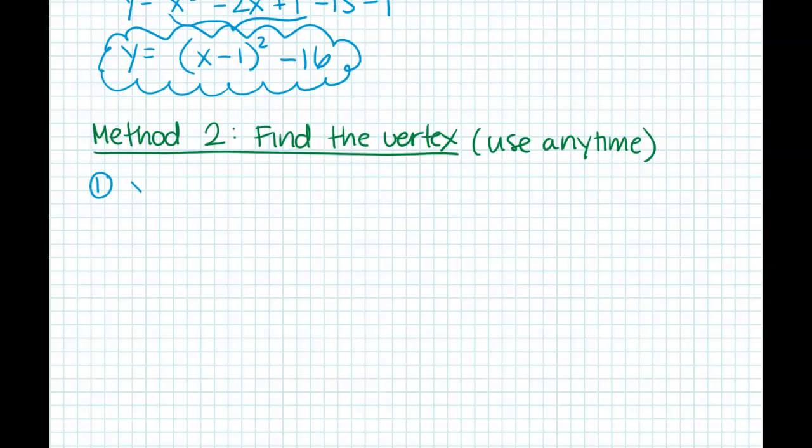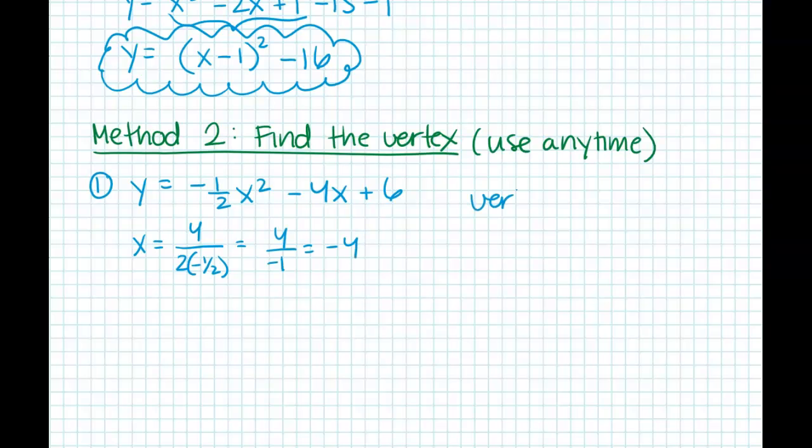So for our first problem, y equals negative 1/2 x squared minus 4x plus 6, we're going to find our vertex. Our x value is negative b over 2a, which is negative negative 4, which is 4, over 2 times negative 1/2. This is 4 over negative 1, which is negative 4. So the x-coordinate of our vertex is negative 4.